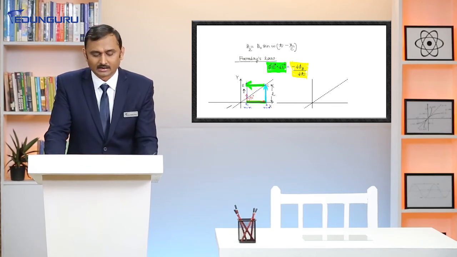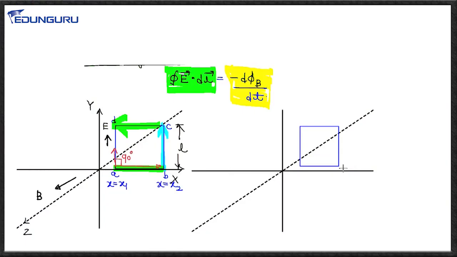So, here you can see that magnetic field is along the z axis. So, let us draw this loop again and calculate what is the flux of the magnetic field. Let us say at a distance x from here, this width is dx, magnetic field is pointing towards the z axis, right?